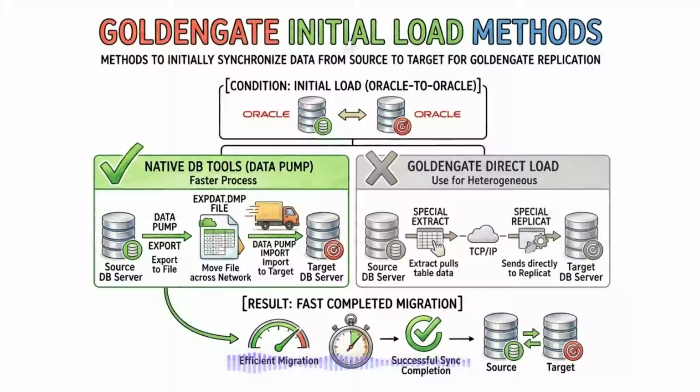An alternative multi-threaded option you might encounter is coordinated Replicat. In a coordinated Replicat setup, GoldenGate actually launches multiple individual Replicat programs that work together as a team, splitting the workload based on specific tables.